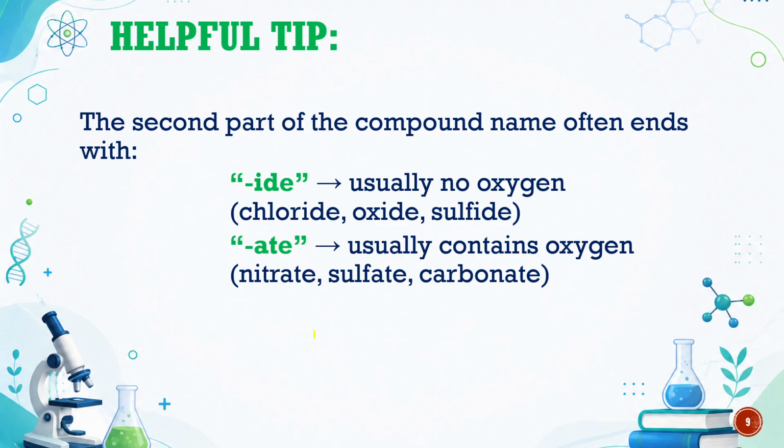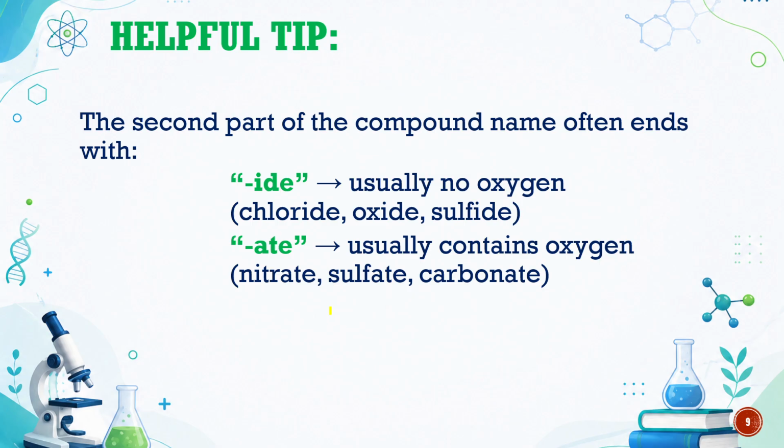An important tip for forming or identifying the name of a compound correctly is that the second part of the compound name often ends with either -ide or -ate. When -ide is at the end of the compound name, it usually indicates that the compound does not have oxygen in it, for example chloride, oxide or sulfide.